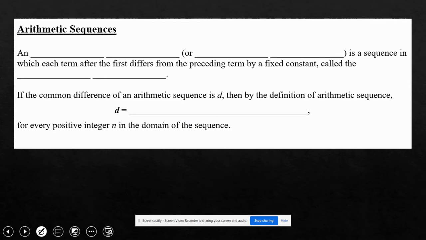Starting with just the basics, an arithmetic sequence, or it's also called an arithmetic progression, is a sequence where each term is found by finding a difference from the previous one.